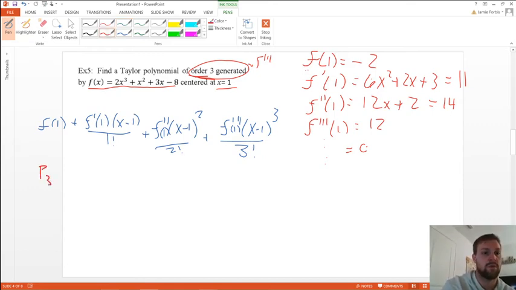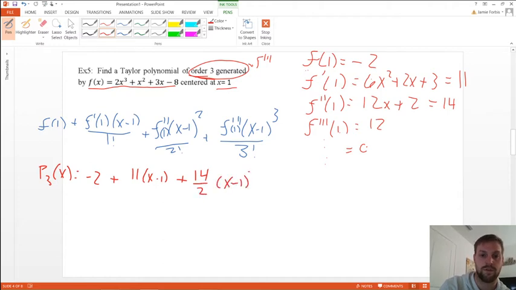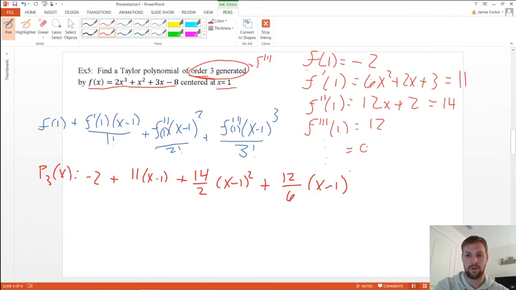So p of 3 of x, because we're going to the third term, is equal to -2 plus f prime of 1, which was 11, times x minus 1, and that's over 1 factorial, which is just 1, plus f double prime of 1 was 14, and 14 over 2 times x minus 1 squared, plus f triple prime of 1 was 12, so I'm going to put 12 over 3 factorial, which is 6, times x minus 1 cubed.